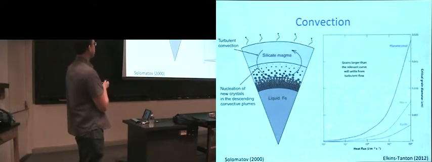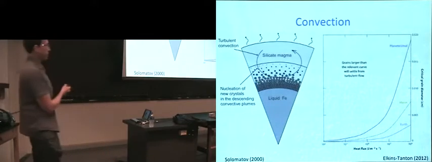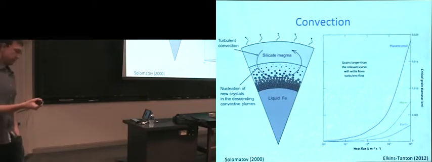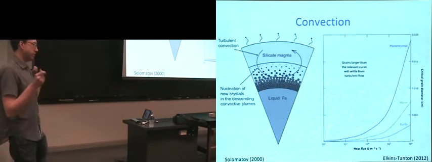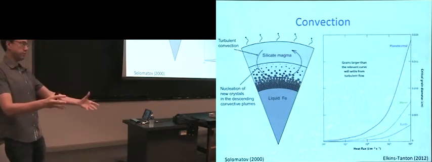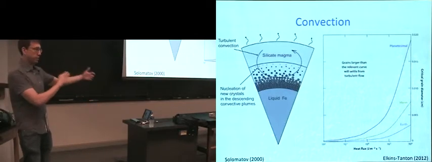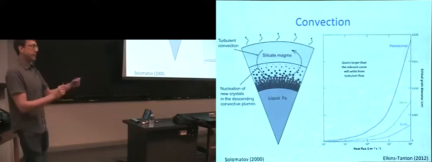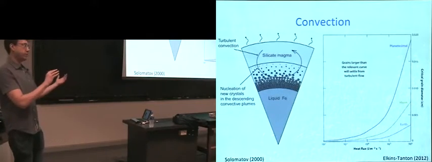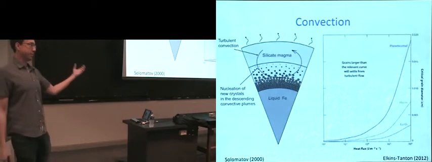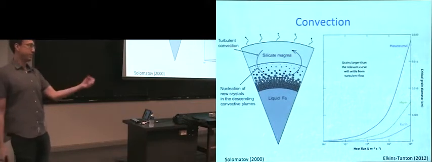Because convection really messes with you, because whether or not a crystal stays entrained in the flow, right? If you imagine a river, if you've seen a muddy river, there are particles suspended in the river. At some point, if those particles are too big, they'll just settle out. So you don't tend to see big rocks floating down in your muddy river, but you see small particles.